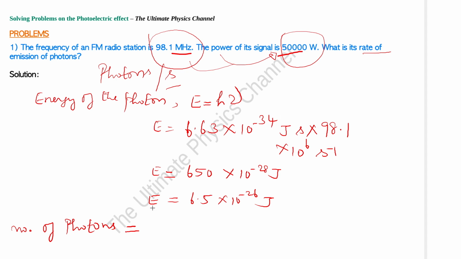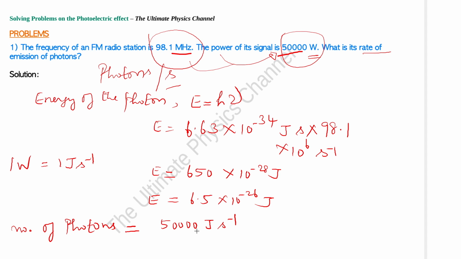So we can write that as total energy, which is 50,000 joule per second. That is a unit. 1 watt is, here it's given in watts, right? So 1 watt is 1 joule per second.